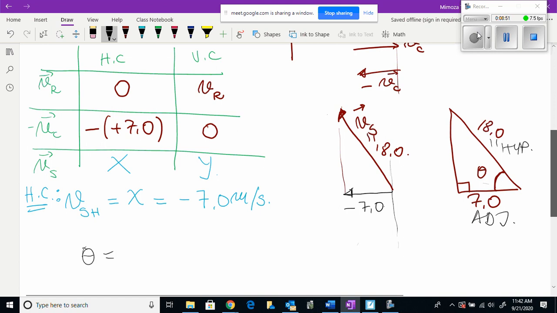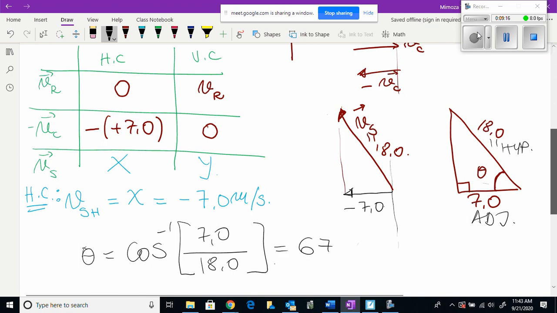So angle theta will be inverse cosine of adjacent 7 over hypotenuse 18. In your calculator, you can figure out that inverse cosine of 7 over 18 is 67.1 degrees. Is this clear?